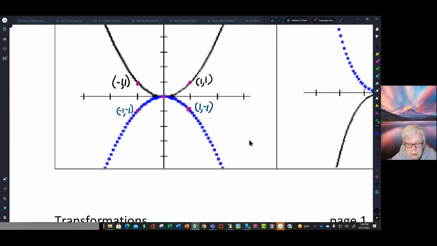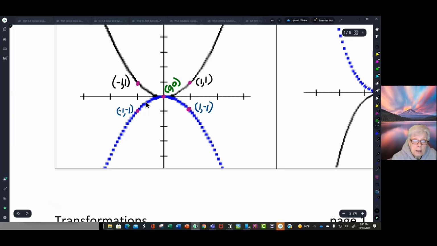So 0, 0 is going to stay 0, 0 because 0 times negative 1 will remain 0. On the other hand, this positive 1, when it gets multiplied by negative 1, becomes negative 1. And this positive 1, when it's multiplied by negative 1, becomes negative 1.